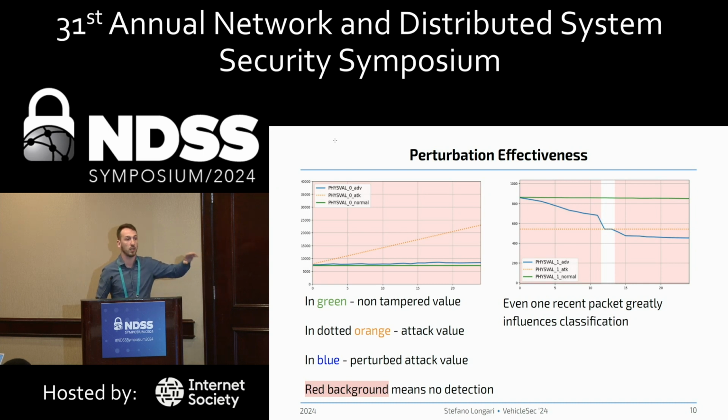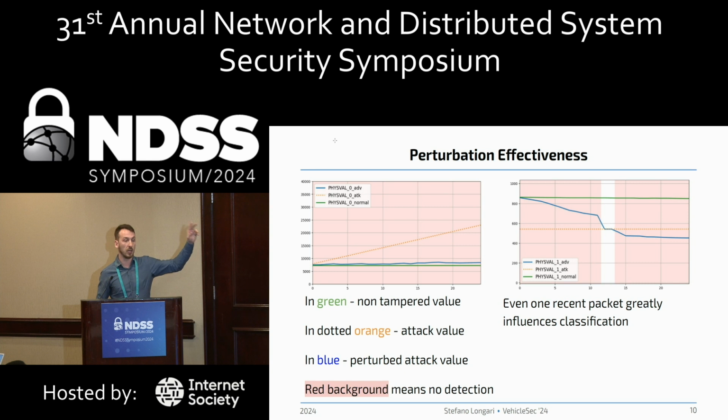Now, these 2 images are 2 examples. We had to evaluate this case by case, but I want to show you what may happen. In both images, you're seeing the value of a signal throughout time, throughout the attack sequence. The green line is what we would expect to see if there was no attack, so what the intrusion detection system doesn't classify as an attack.